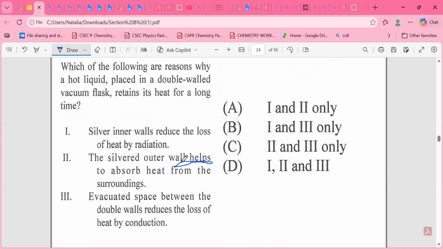We did this one already. What's the answer for this one? The following are reasons a liquid placed in a double wall vacuum flask retains its heat for a long time. B. 1 and 3. So the answer is B.